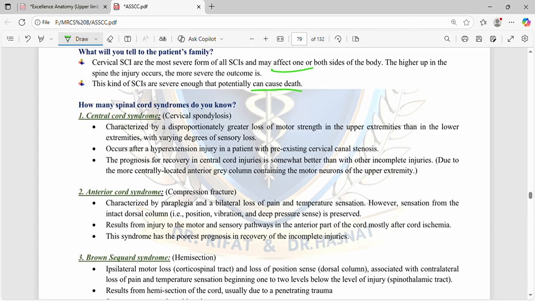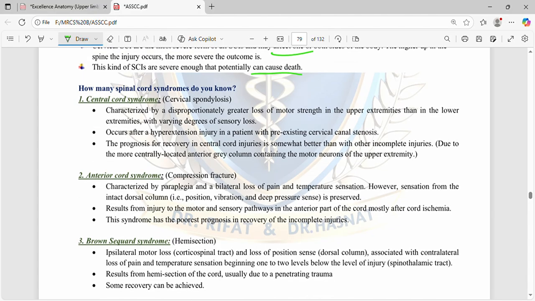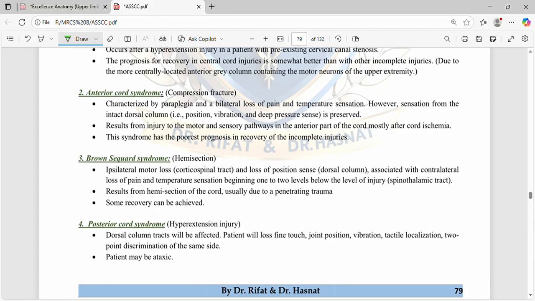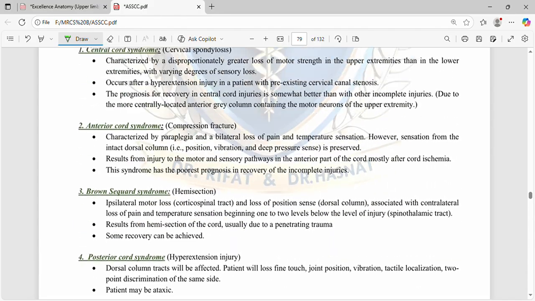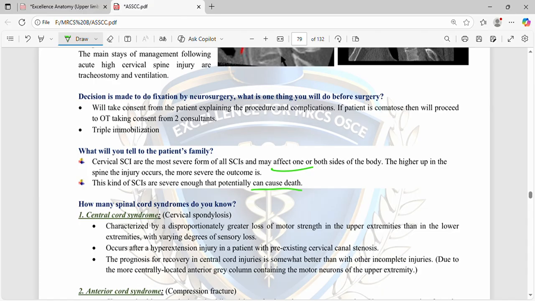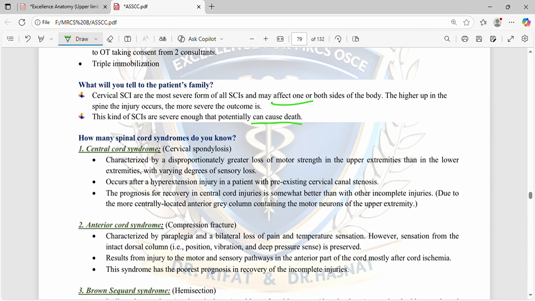How many spinal cord syndromes do you know? I know central cord syndrome, anterior cord syndrome, Brown-Sequard syndrome, and posterior cord syndrome. Central cord syndrome, so here we have the diameter of the spinal cord, and here is the central cord.